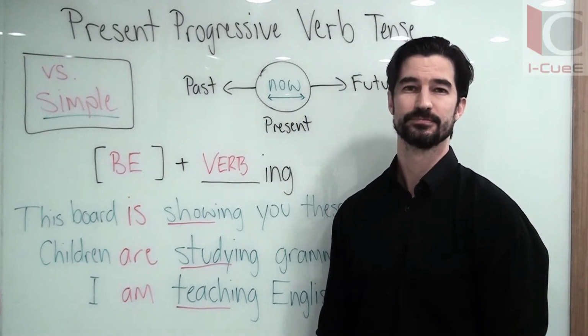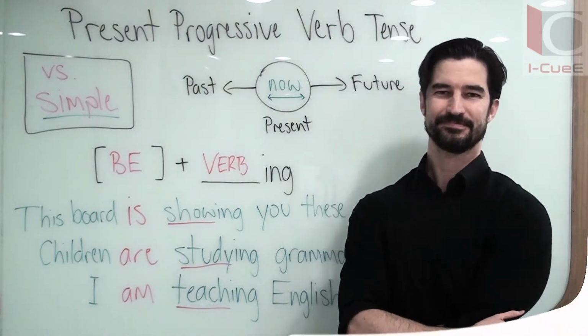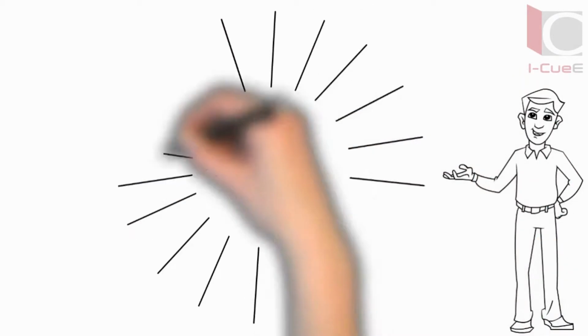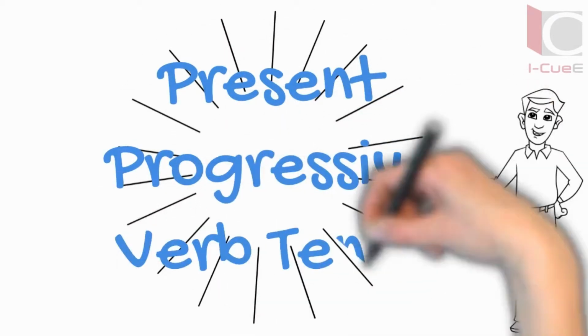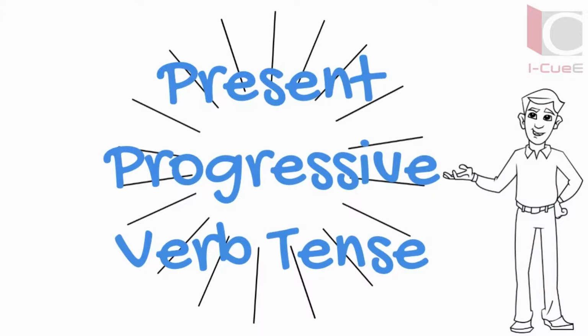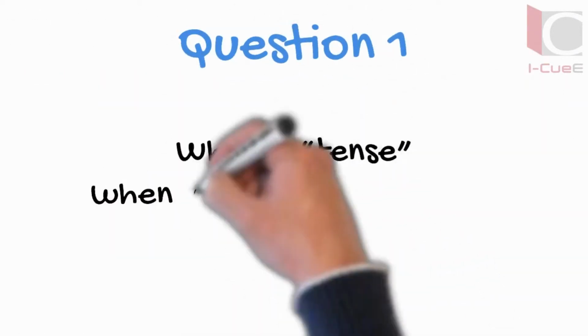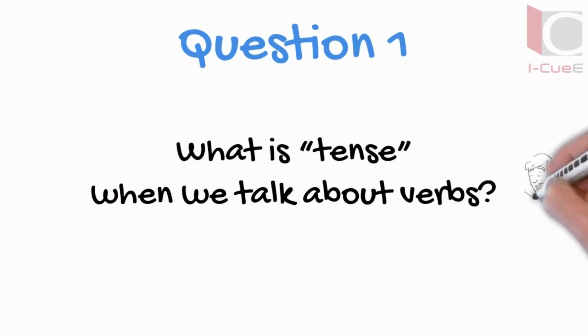Let's review. Present progressive verb tense. What is tense when we talk about verbs?